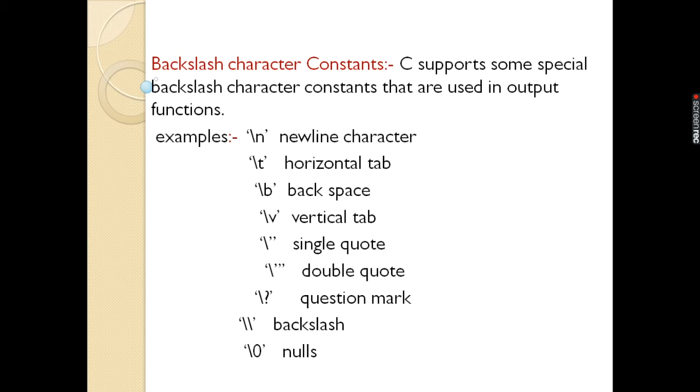Examples: backslash n is the new line character, backslash t horizontal tab, backslash b backspace, backslash v vertical tab, backslash single quote, backslash double quote, backslash question mark, double backslash, and backslash 0 null.